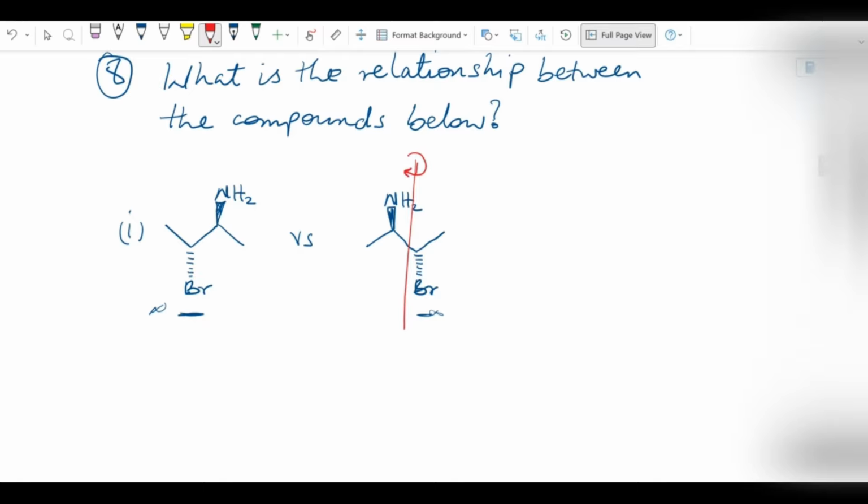And whenever you flip a compound, the stereochemistry will change. It's just like, let's say you have this individual.